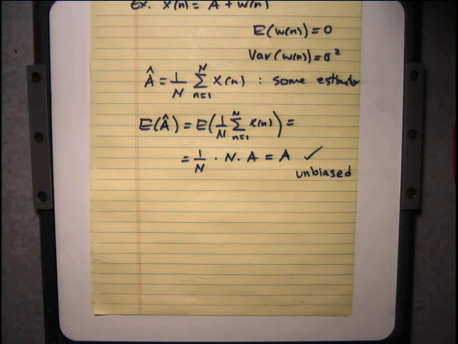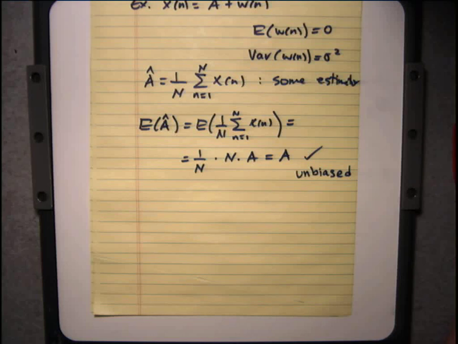Okay, but just because it gives you the right answer on average, it still doesn't mean that it's a good estimator, because for any given set of data, it might give you an answer that is way off, above or below the right answer, even though on average it gives you the right answer. Okay, so how do we measure the variation of this estimator with respect to the data?